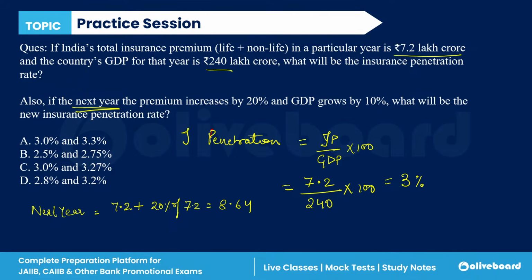Then there is a 10% increase in the GDP, so 240 plus 24 is 264. Now the insurance penetration for this year is 8.64 divided by 264 into 100, which is 3.27%. So the penetration for the previous year is 3%, and for the next year it is 3.27%.